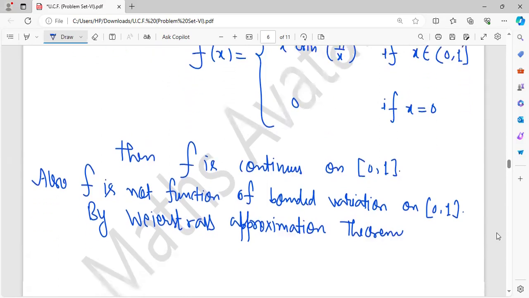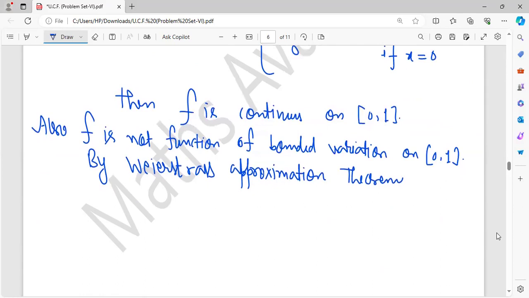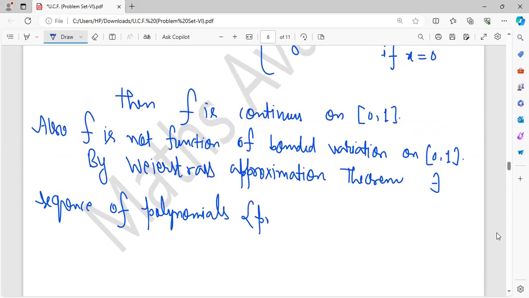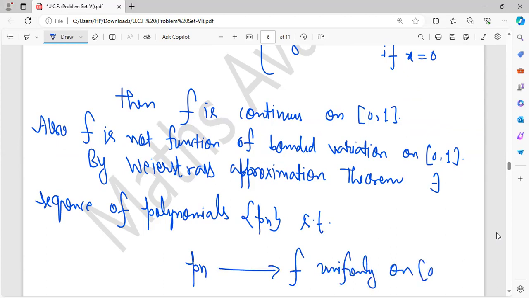Now by the Weierstrass approximation theorem, there exists a sequence of polynomials Pn such that Pn converges to f uniformly on the closed interval [0, 1].